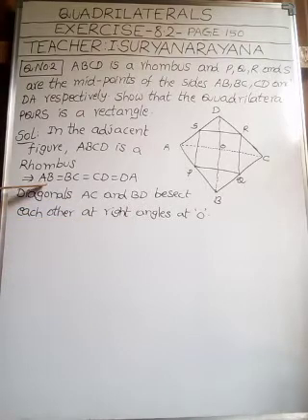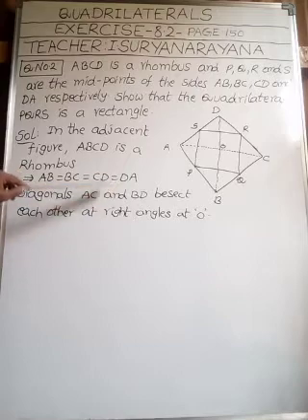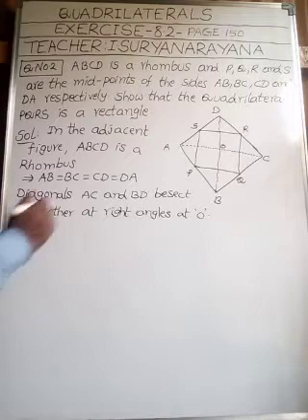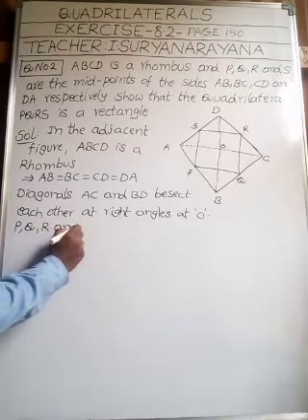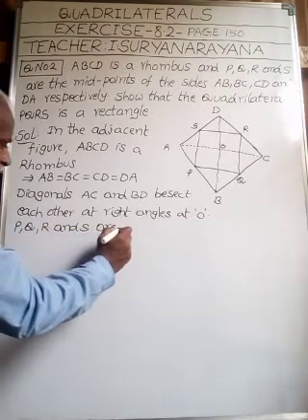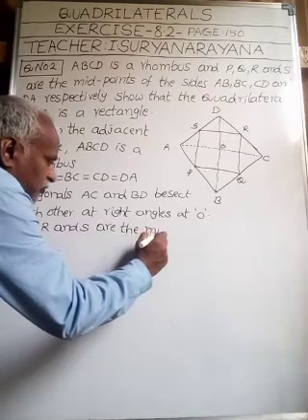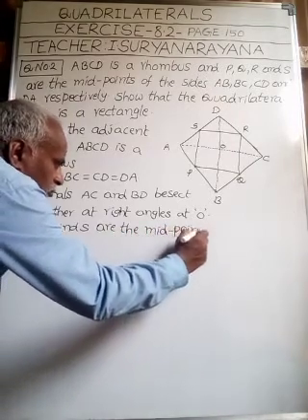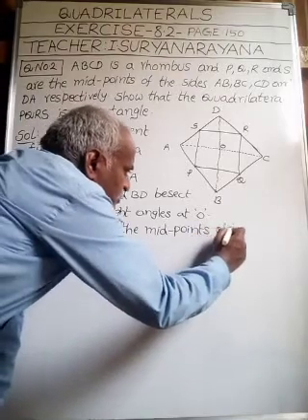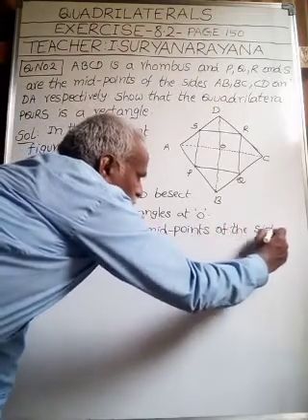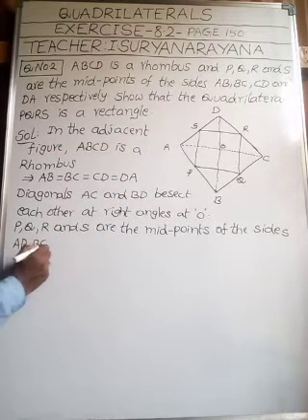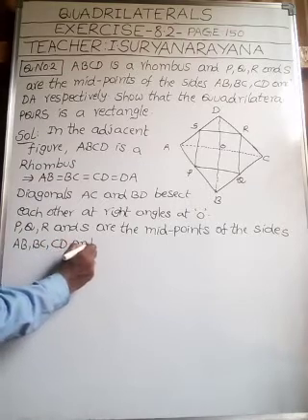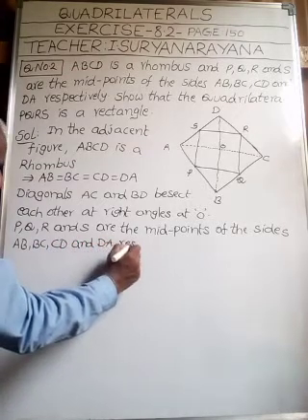This is the property of sides of a rhombus. By using that property, we wrote these two steps. And also given that P, Q, R and S are the midpoints of the sides AB, BC, CD and DA respectively.